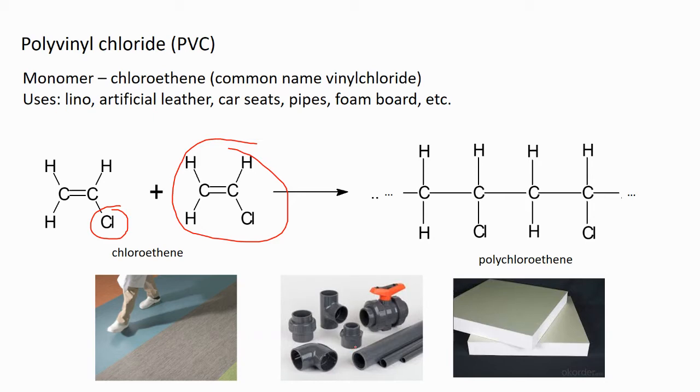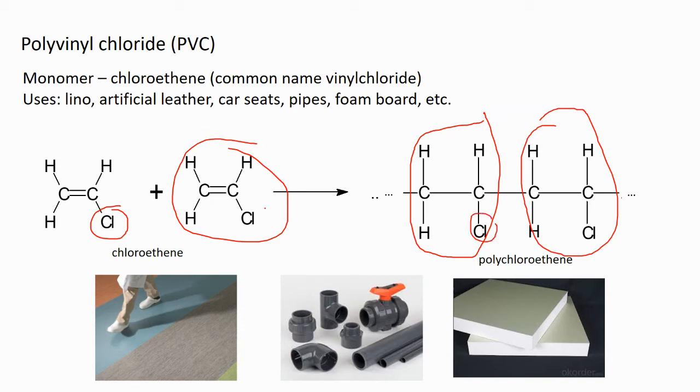It makes lots of different things as well, like pipes and foam board and lino and artificial leather and car seats and a whole lot of different other things. But you can see the repeating unit is here. This has got two repeating units, and just the hydrogen has been replaced with a chlorine here. So the chlorine is there, there, and there. It just repeats itself.